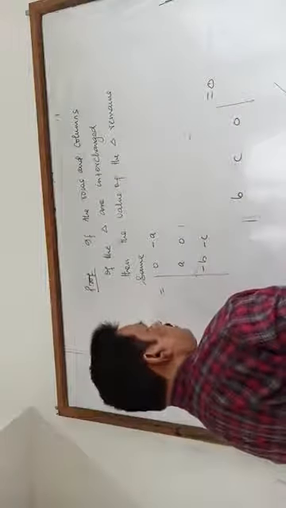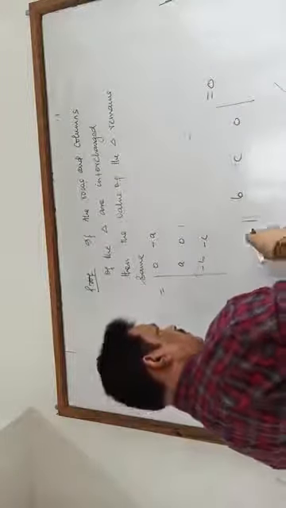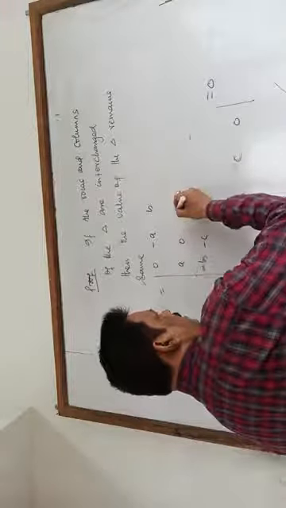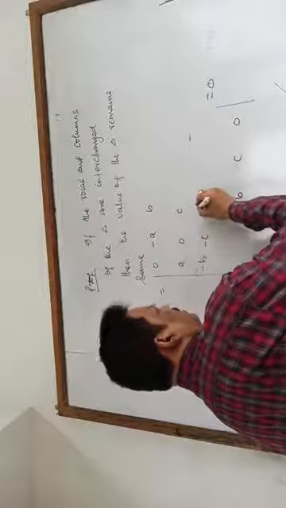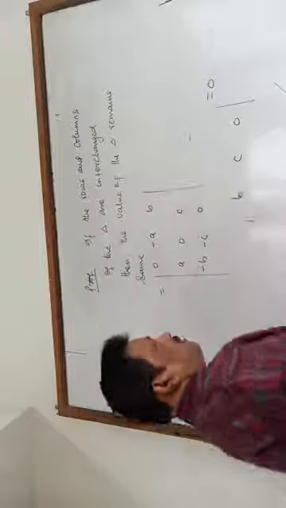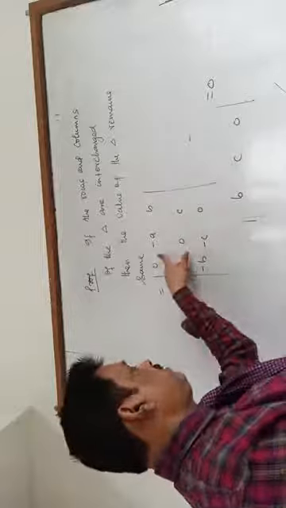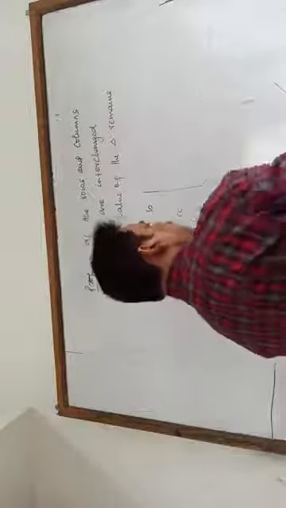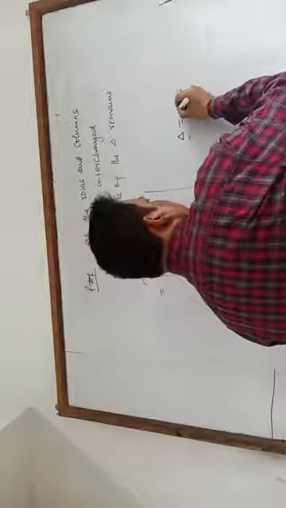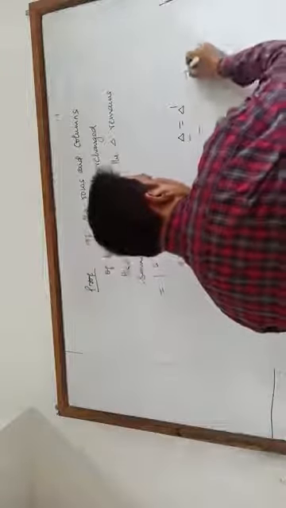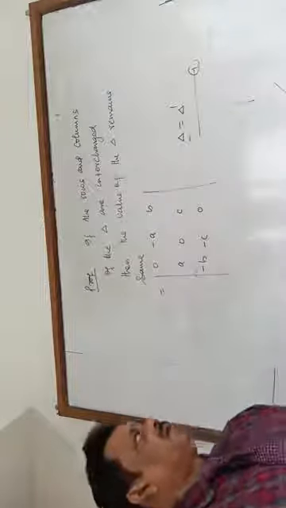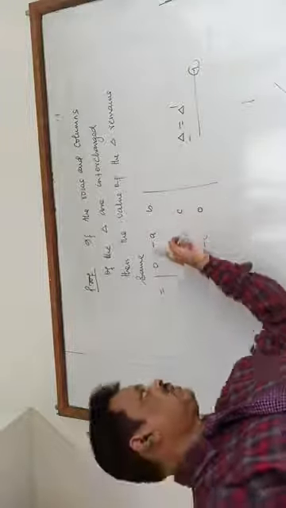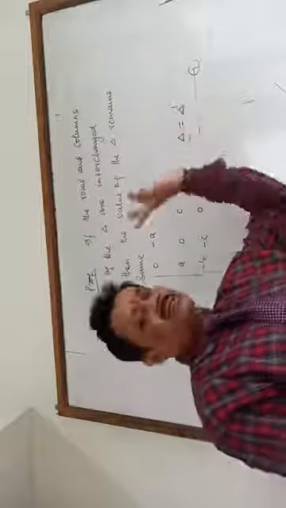And this line will be b, c, 0. So look at your previous determinant, look at this determinant. They are the same. That means your determinant equals its transpose. You got the first relation here. Transpose and determinant are both the same. You can verify it. If the rows and columns are interchanged, it still remains the same.